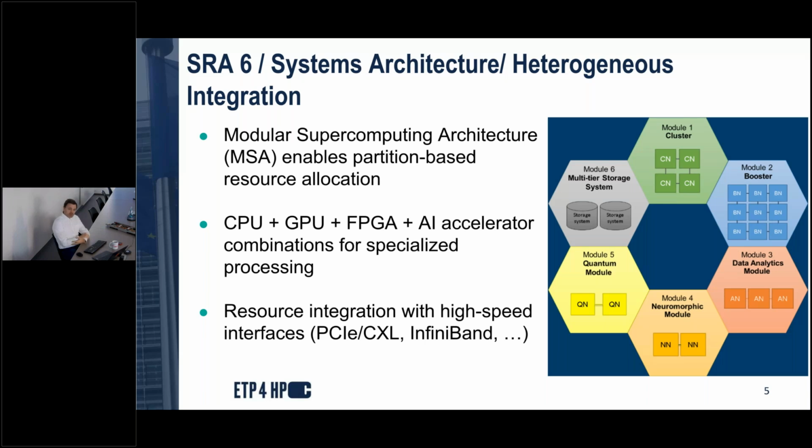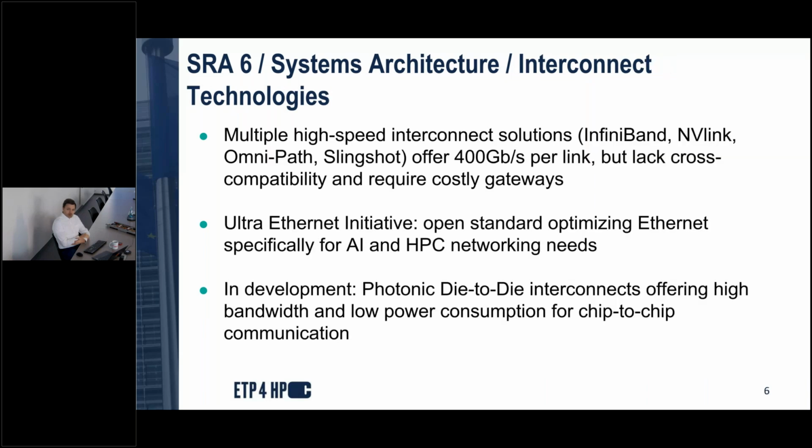And that being said, currently the interconnect technologies we see in the market are, of course, InfiniBand and NVLink for the connection between GPUs, and also Slingshot, and to some extent Ethernet, and they offer currently about 400 gigabit per second per link.